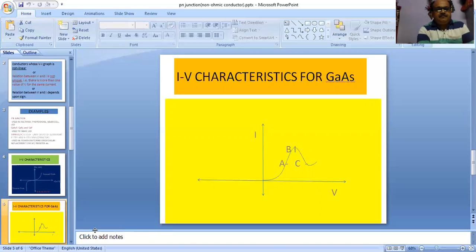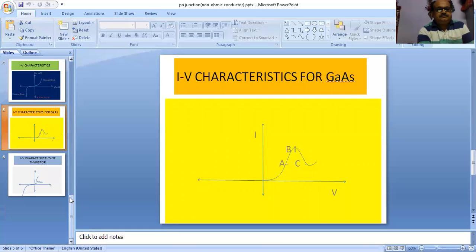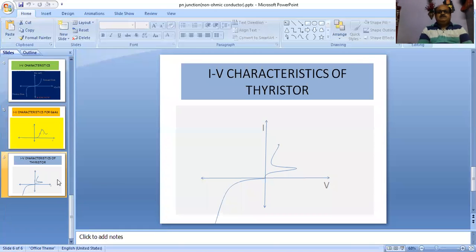Now lastly, IV characteristics graph of thyristor. The IV characteristic graph is peculiar in this case.